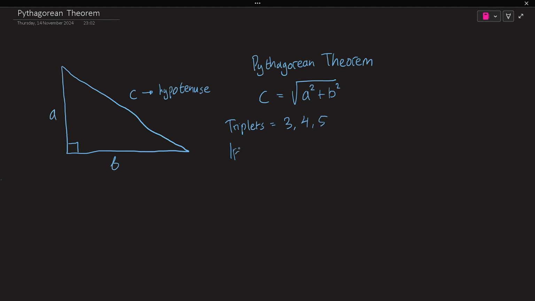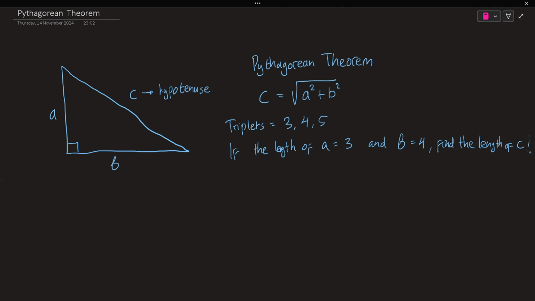If the length of A equals 3 and B equals 4, find the length of C.